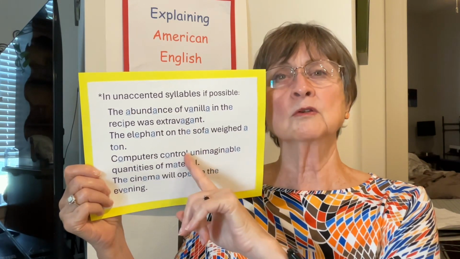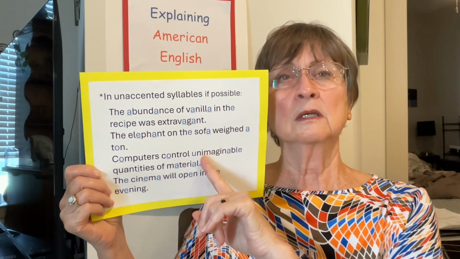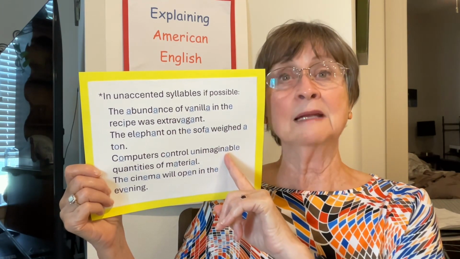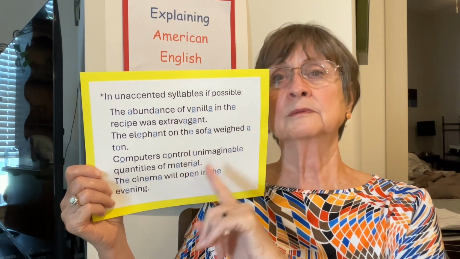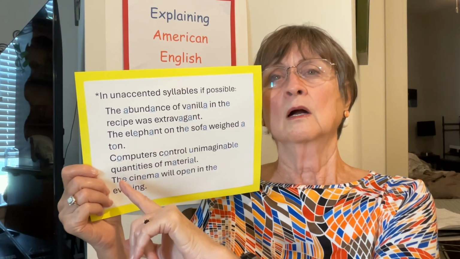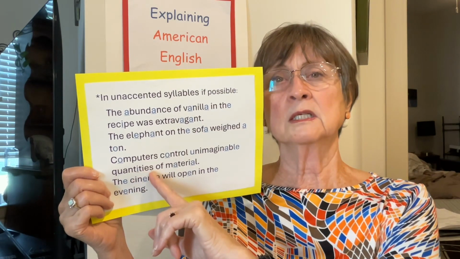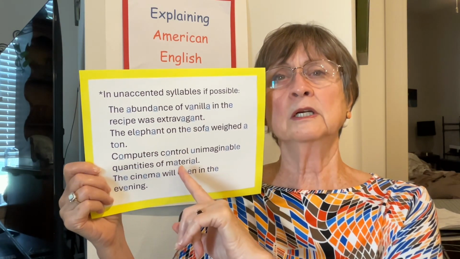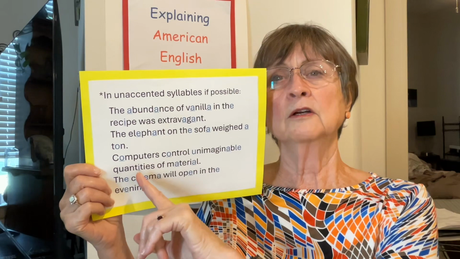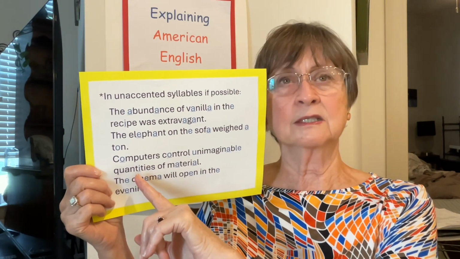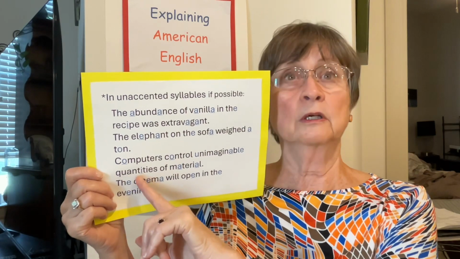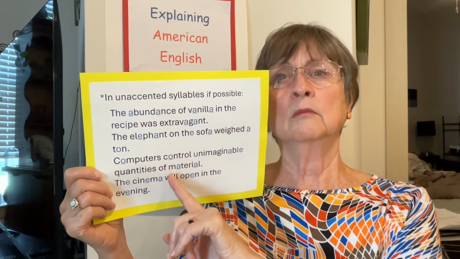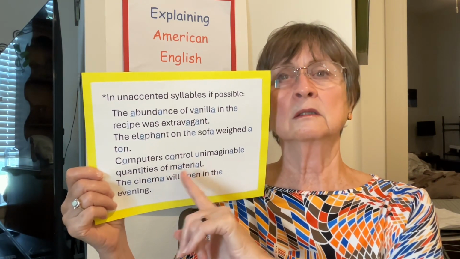So most of this is spoken with its regular vowel sound, but I can make that one short. Imaginable. Quantities of material. Now you could say quantities, but that's, again, you're trying too hard. We're going to say quantities of material.